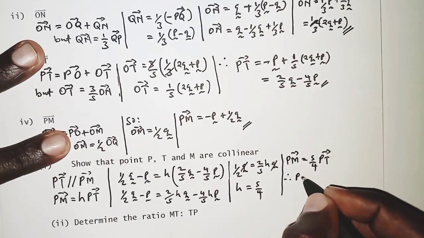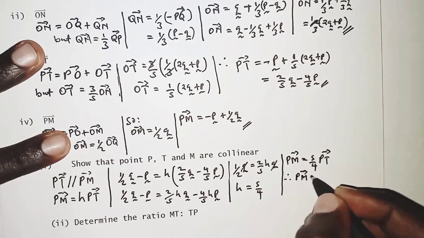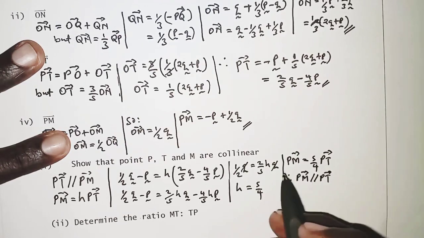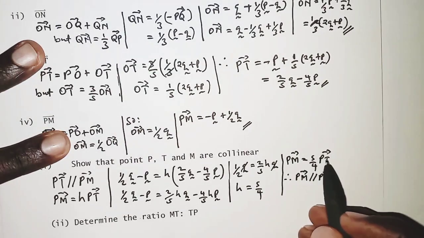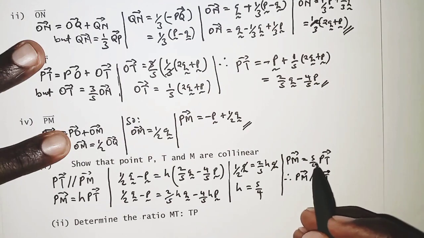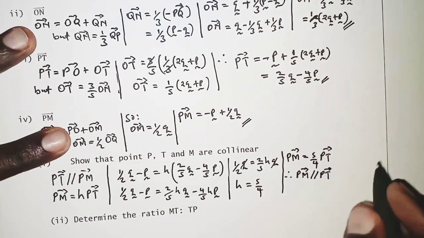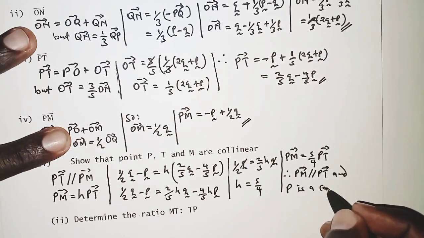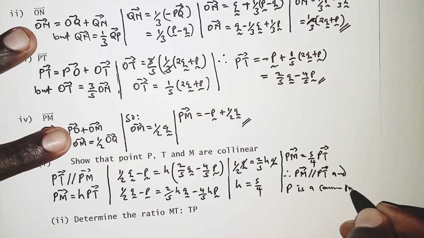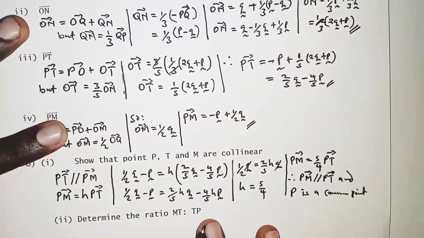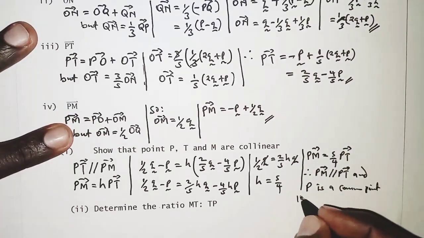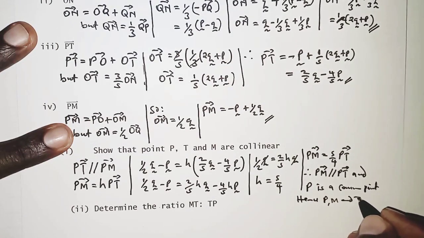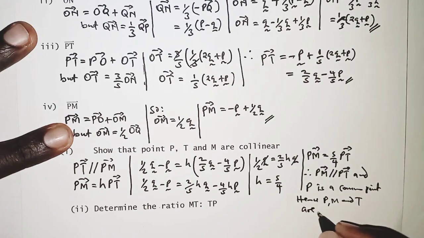Therefore, PM is parallel to PT because PM is a scalar multiple of PT, so 5 over 4 is a scalar, and P is a common point. So there's a common point. Hence, P, M, and T are collinear.